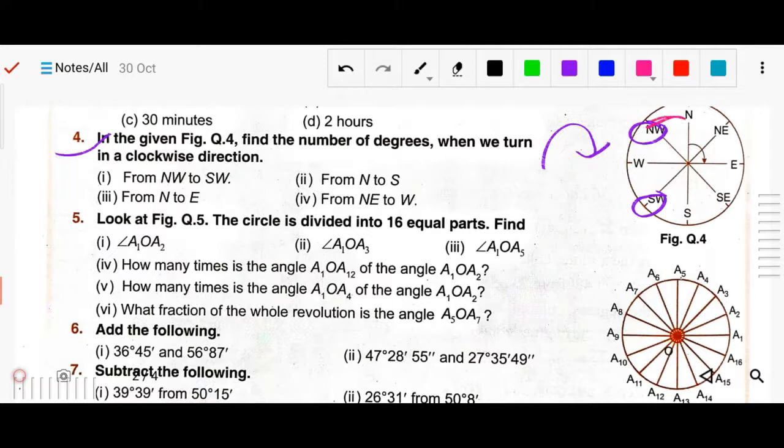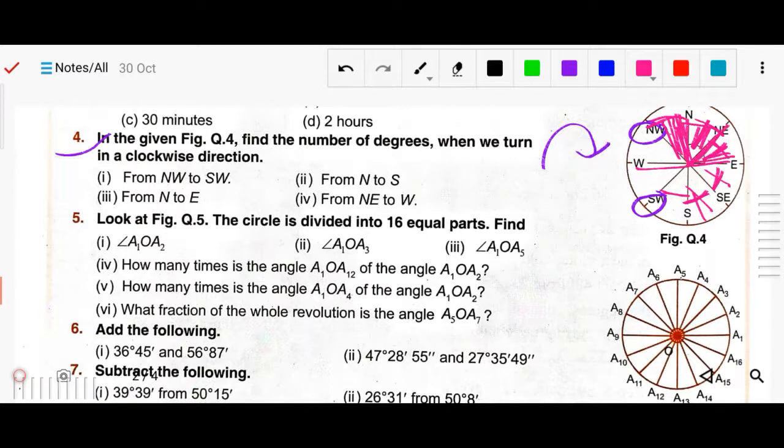So here it covers 1 2 3 4 5 and 6 parts, and each part is 45 degrees, because the total is 90 degrees divided into parts, and each is 45. Don't confuse: in the case of a watch we take 30 degrees, but here we take 45 because it's a 90 degree and it is divided. So here I am taking 45.